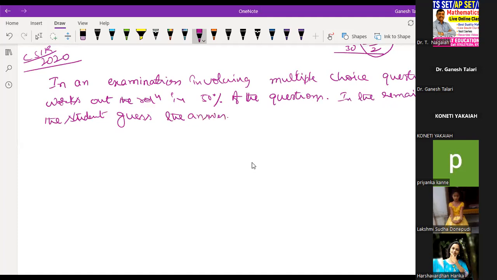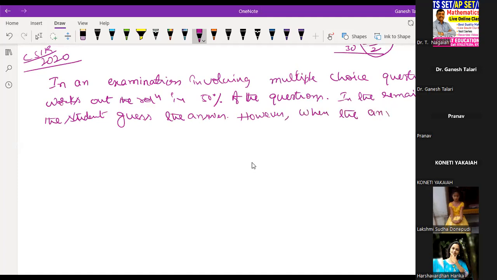However, when the answer is guessed, the probability that it is correct is 0.3. This means that 30% of the time, if you guess, the answer will be correct.